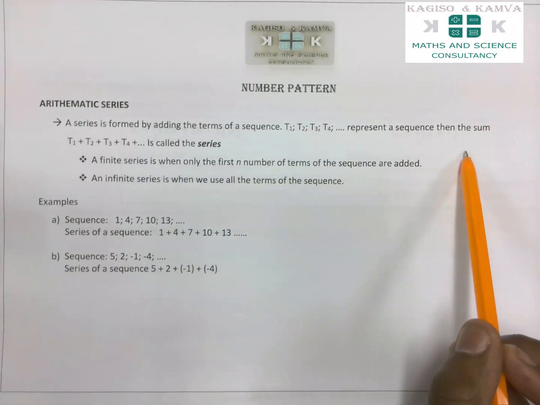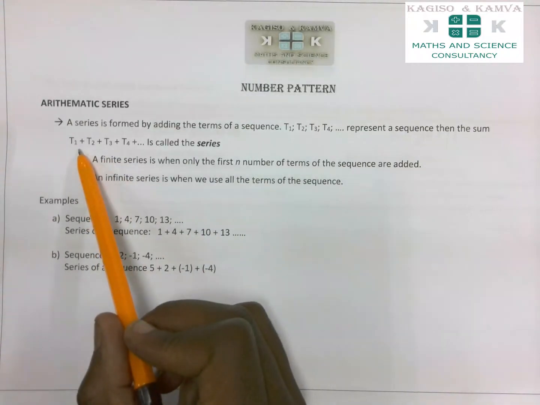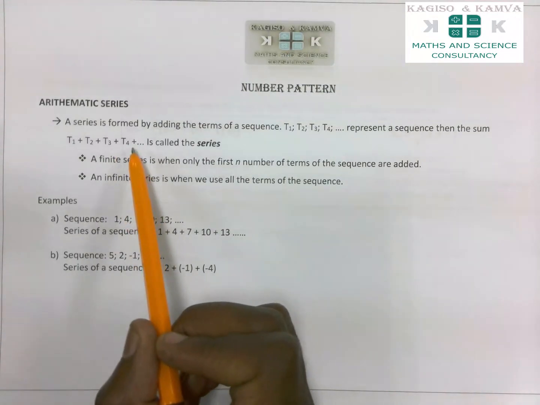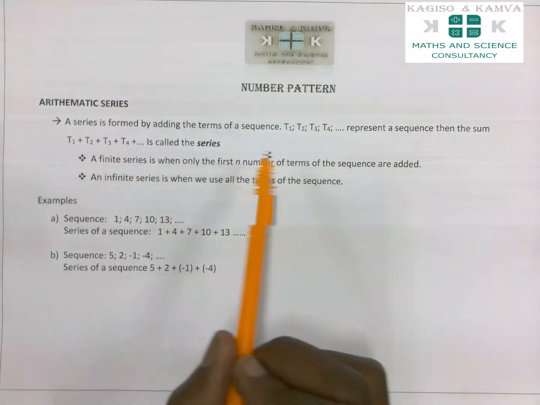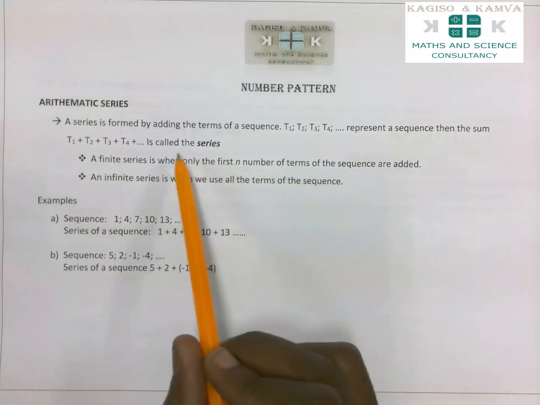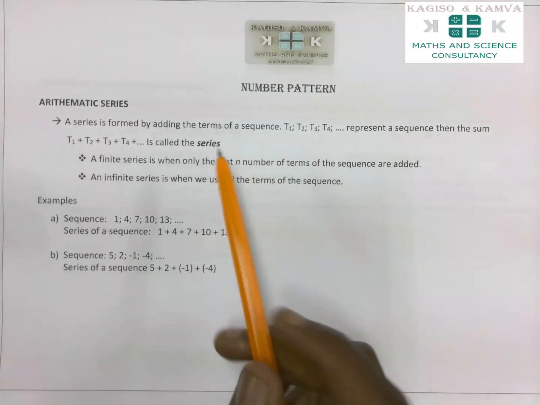Then the sum of this sequence will be T1 plus T2 plus T3 plus T4 plus T5, etc. So when adding the terms of a sequence, that is called a series.